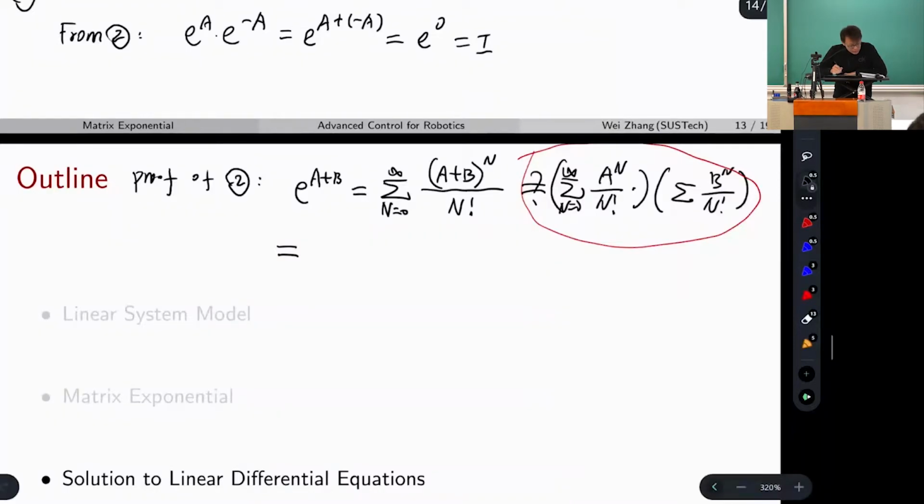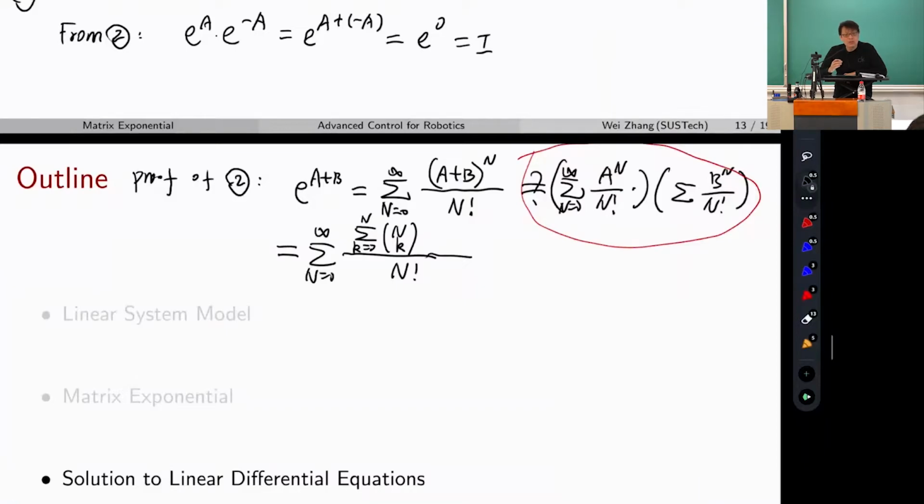Let's see that this should equal 1 over n factorial, A plus B raised to the power n, equals what? It's actually a summation, let's say k from 0 to n, n choose k terms of A raised to the power k, B raised to the power n minus k.